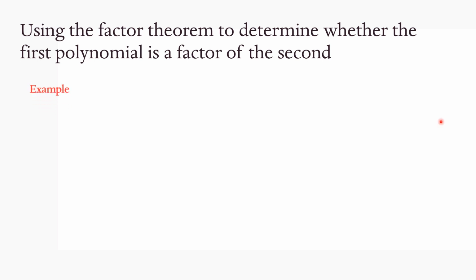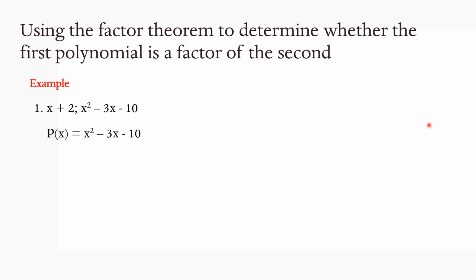Okay, so I have here an example. We have the first polynomial, which is x plus 2, and the given polynomial is x squared minus 3x minus 10. So we are going to test whether this first polynomial is one of the factors of x squared minus 3x minus 10.